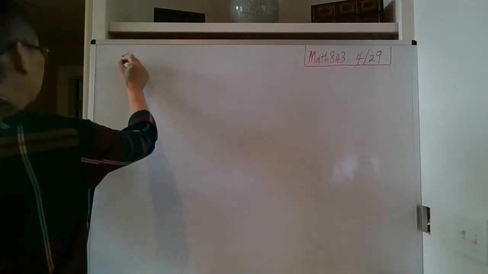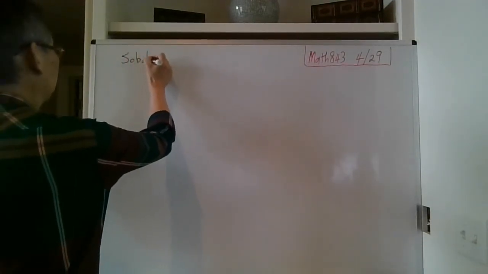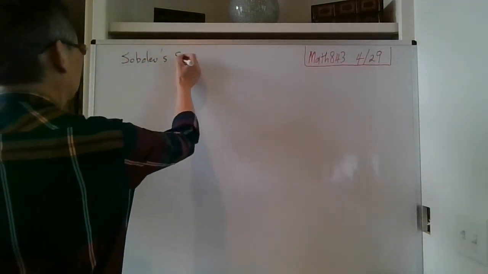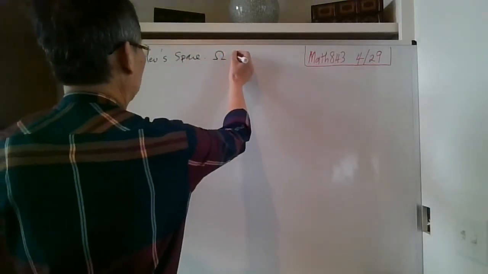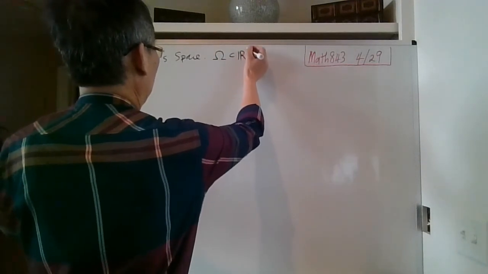So we have Sobolev space. So let's consider the general case. That means omega is in R^n, is a domain, okay?